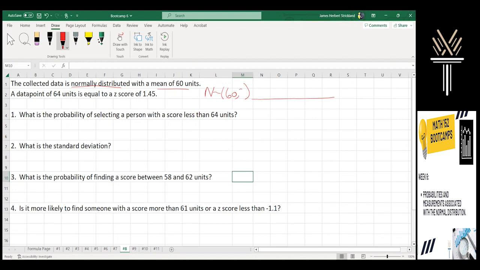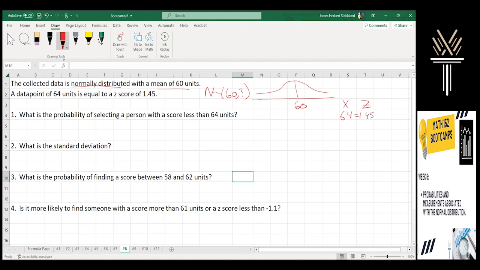We know the center, that's 60, but we don't know how we're going to count in both directions, what our deviation is. We are given a nice fact, though. We're told that an observation of 64 is equal to a z-score of 1.45, that these are equivalent.